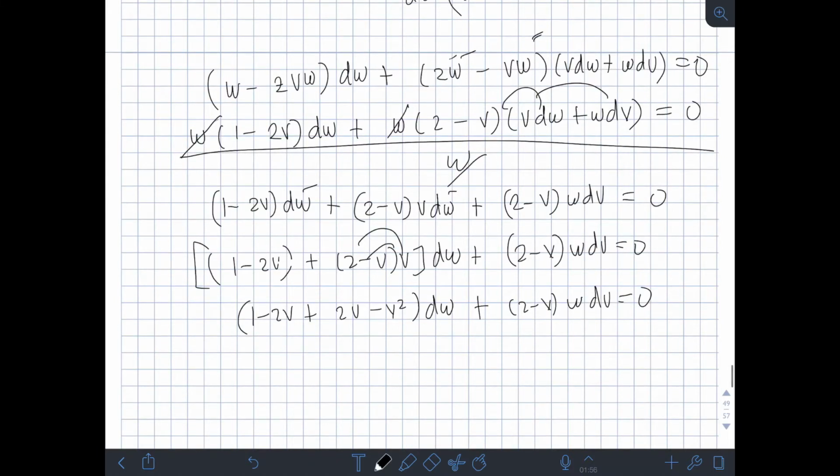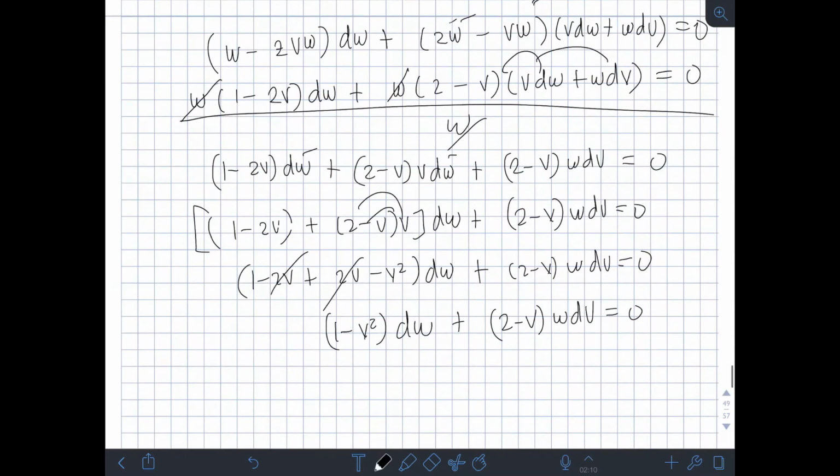So, cancel dito si negative 2V tsaka si 2V. So, matitira is 1 minus V squared dW plus 2 minus VW dV equal 0. So, magiging separable na siya.